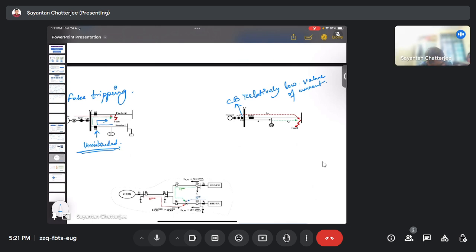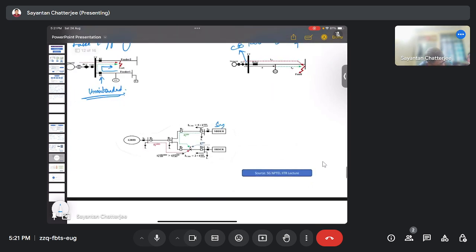Now here it is a synchronous based DER. Here it is the inverter based DER. So what we can observe is that there are two kinds of fault levels for the synchronous DERs and the IBDERs, inverter based DERs. In these two DERs, here it is 5 times and here it is 2 times. This is the summary point.